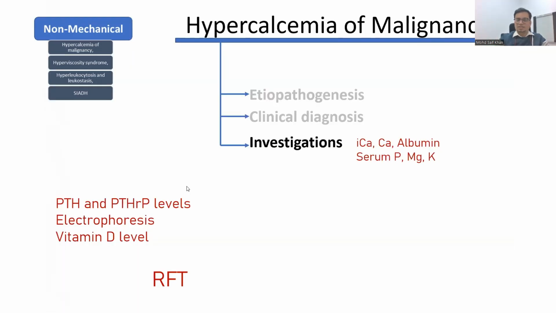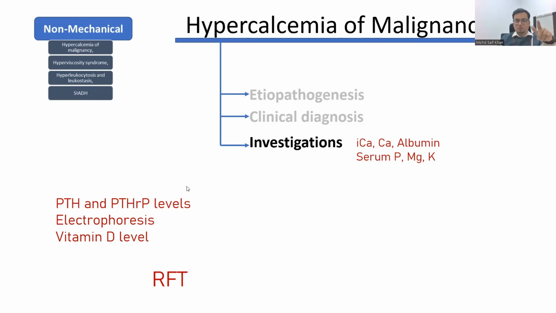So, what are the investigations? To find out the cause of hypercalcemia, the first important thing is the level of calcium. For that, you need to do ionized calcium, total calcium, and also albumin to find out the corrected calcium. Serum phosphate, magnesium, and potassium have to be done because these are important ions which are low in case of hypercalcemia of malignancy.